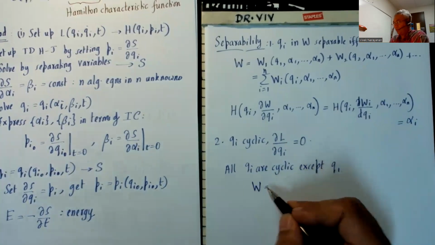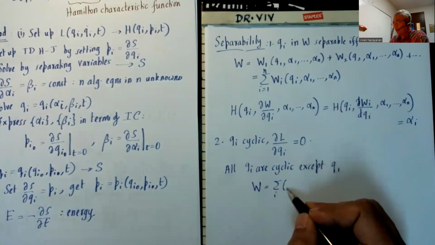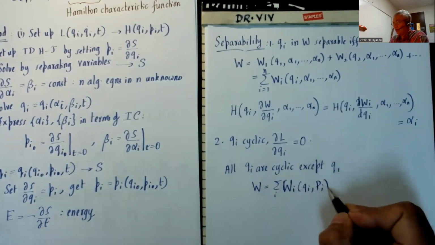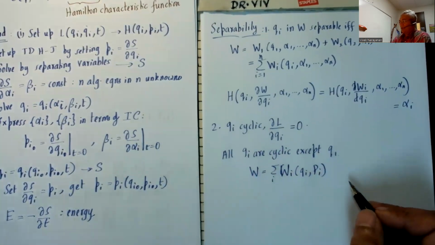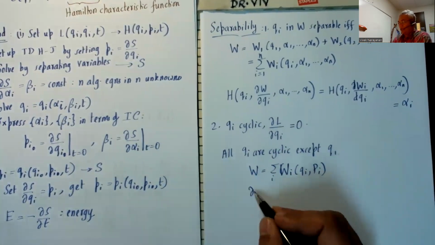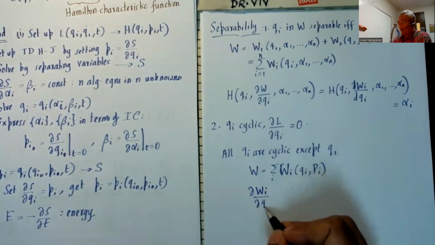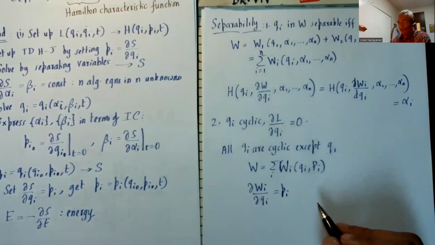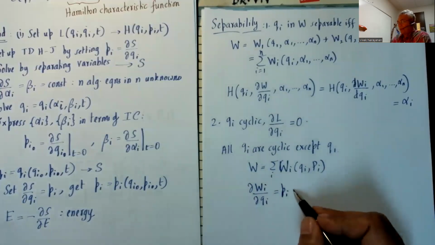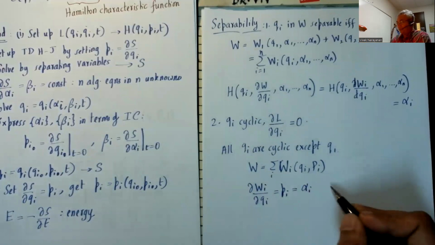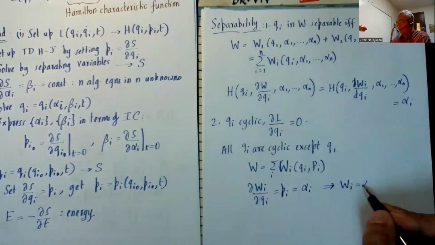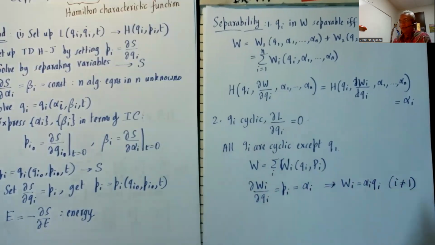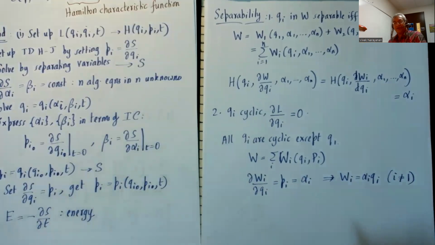Then what you can do is write W as a sum over i of Wi of Qi, Pi. So I can write this as del Wi over del Qi equal Pi, because I can get the momenta by that procedure, and that's going to be alpha i. So I get Wi equals alpha i Qi, except for 1.